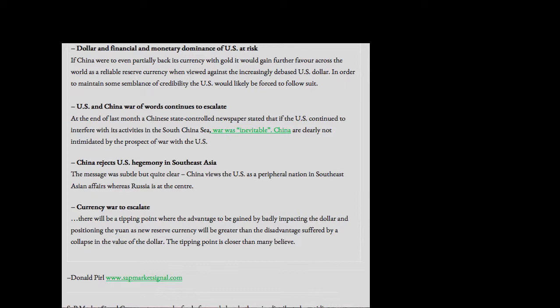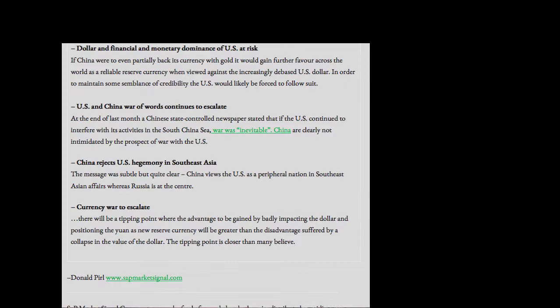China is clearly not intimidated by the prospect of war with the U.S. China rejects U.S. hegemony in Southeast Asia. The message was subtle but quite clear. China views the U.S. as a peripheral nation in Southeast Asian affairs, whereas Russia is at the center.